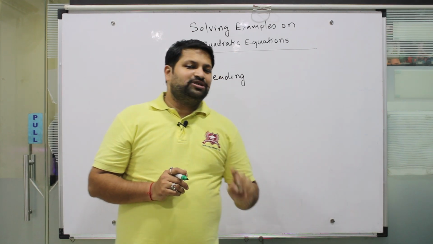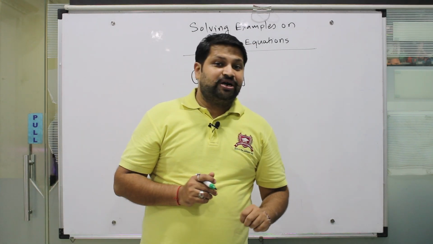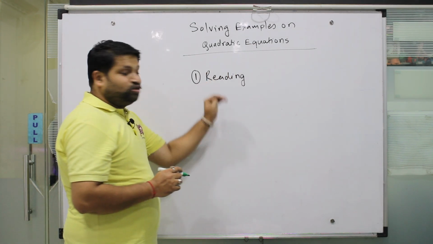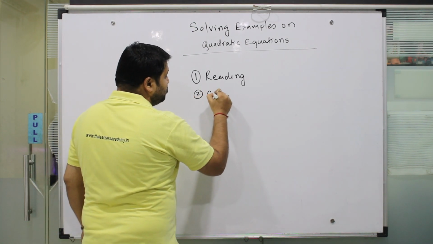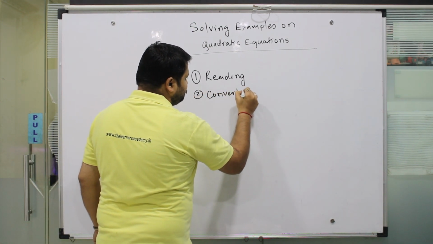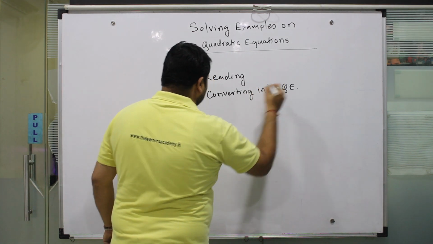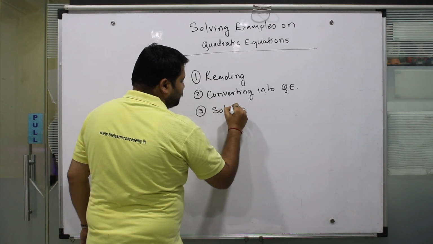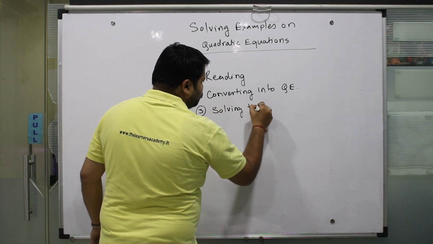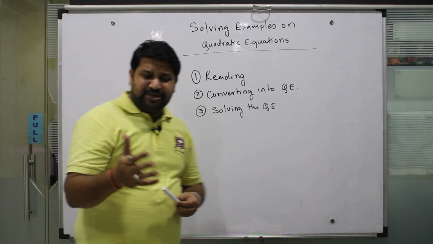As a teacher, I advise my students to read it twice and then convert it into a quadratic equation. So first part would be reading, then second part would be converting into the quadratic equation, and the third part would be solving the quadratic equation. So the algorithm is pretty simple.